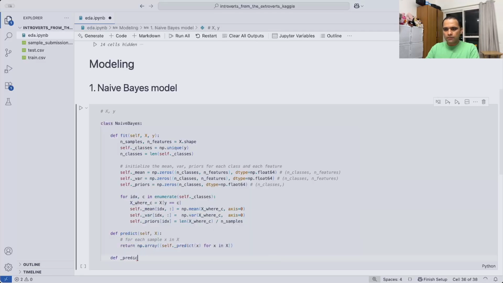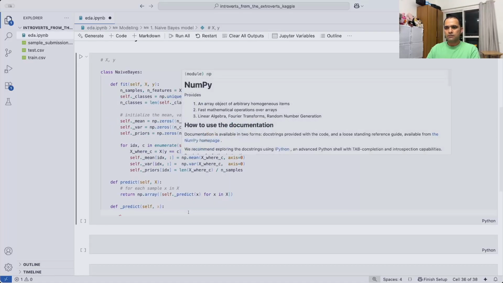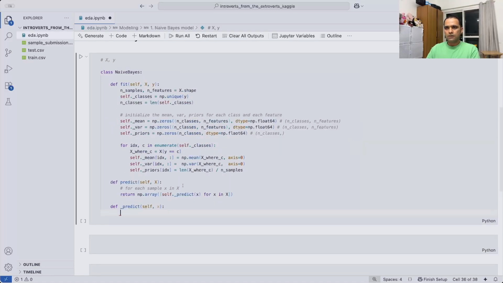Now we have to define underscore predict. So what is it that we are going to do in underscore predict?